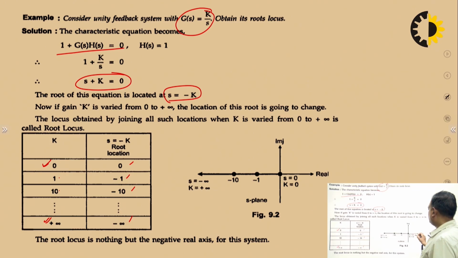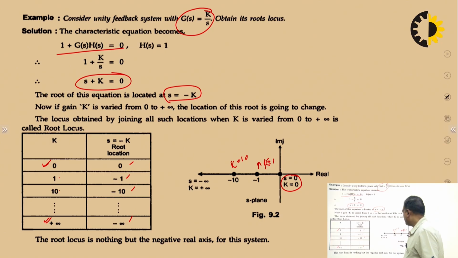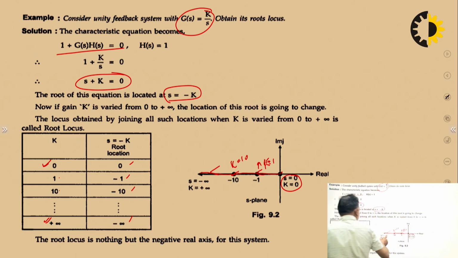For k equals plus infinity, s equals minus infinity. It means the root locus for this case is the entire negative real axis. So this is a simple example, and this is the root locus.